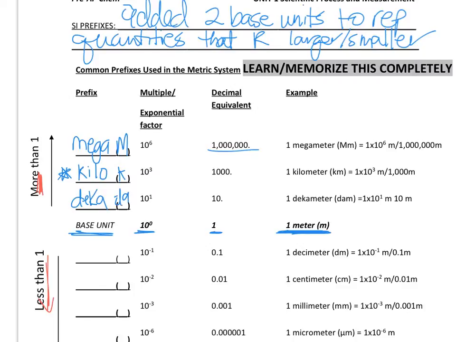And then we start to go less than 1 into deci, which is a lowercase d, centi, lowercase c, milli, lowercase m. Now, those you're going to see a lot.